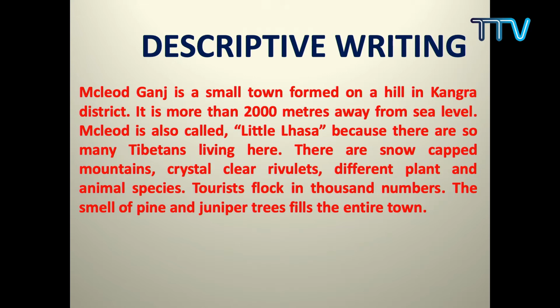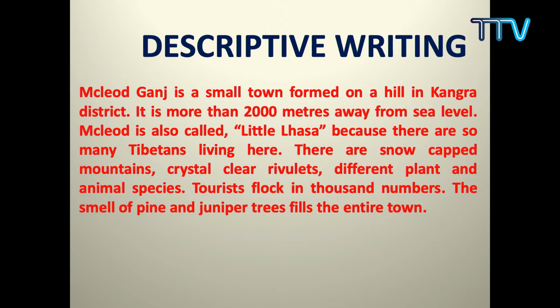If you go through this, since it's descriptive writing, what you have to keep in mind is that there are so many words related to all the senses. So you just go through this and try to identify the words used in this which come under the different 5 senses.